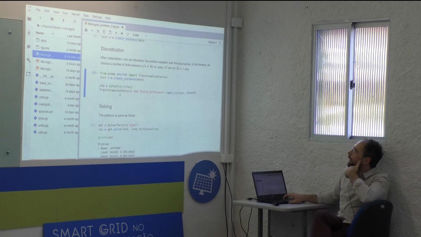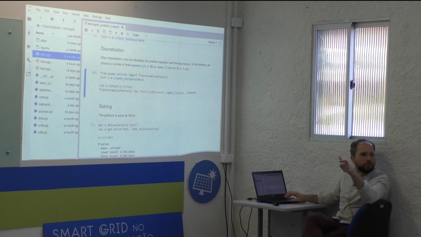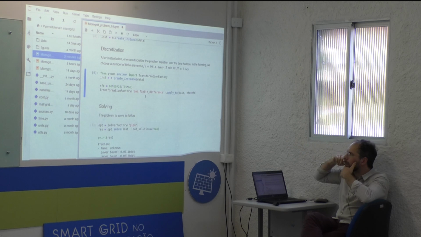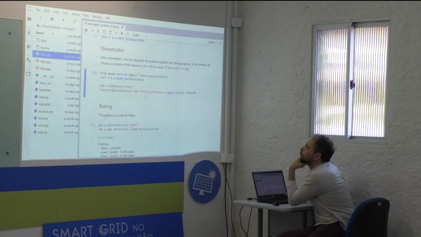Remember here, I use the finite difference scheme to discretize my differential equations, and there are different kinds of transformation here. So I'm using a simple Euler scheme, but we could choose a different one.